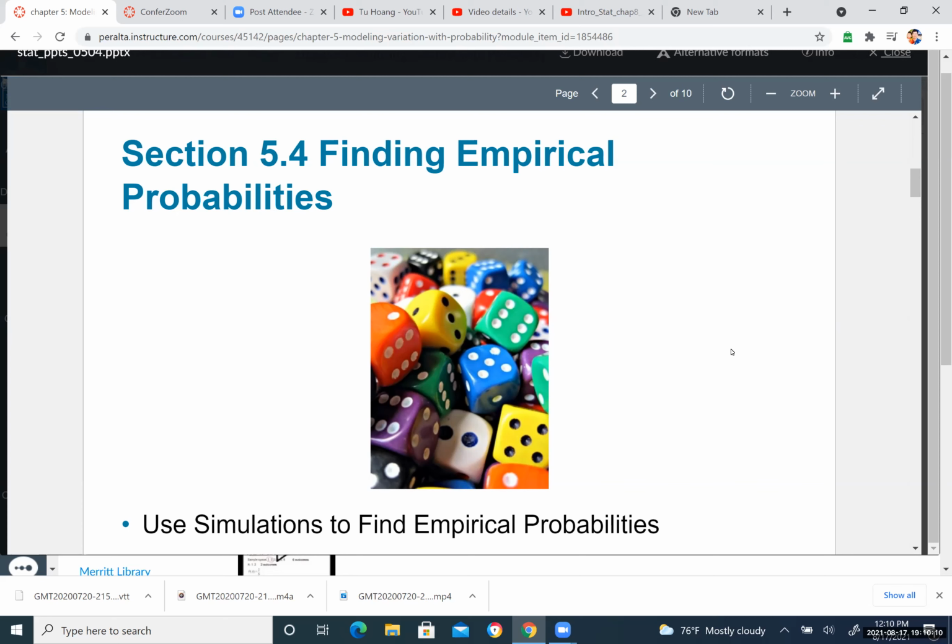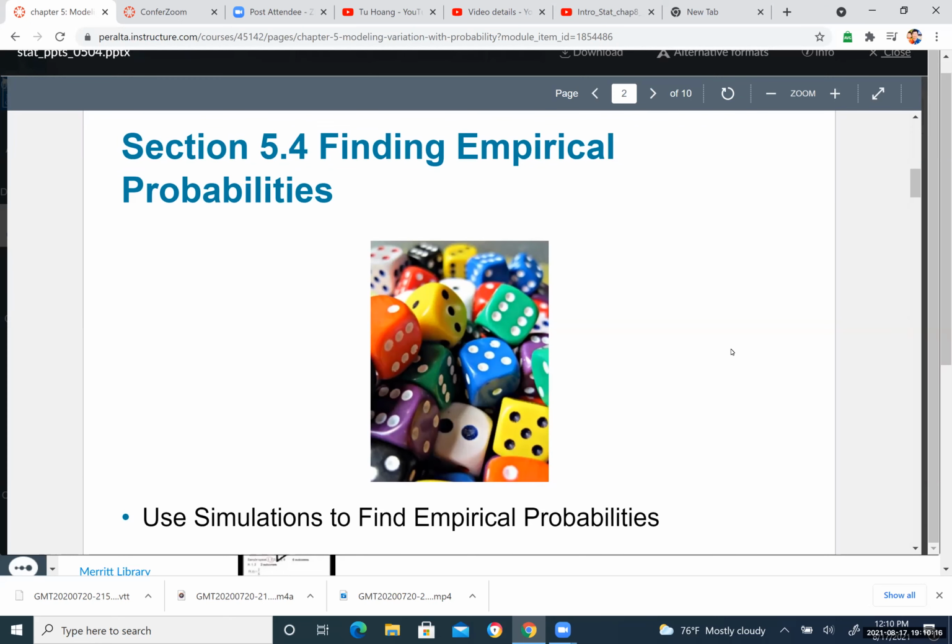Now we can start 5.4, finding empirical probabilities. First, a bit of definition. When we talk about probabilities, we compute a percentage, which can be converted into a decimal, fraction, or percentage form.